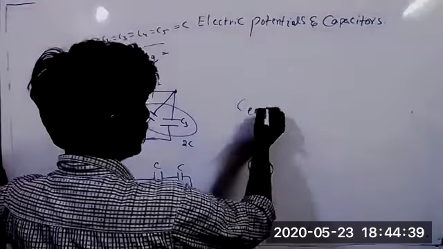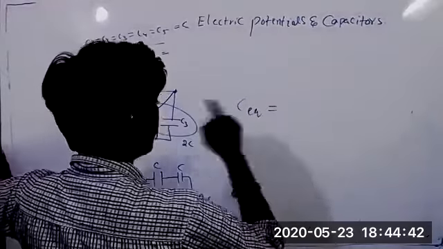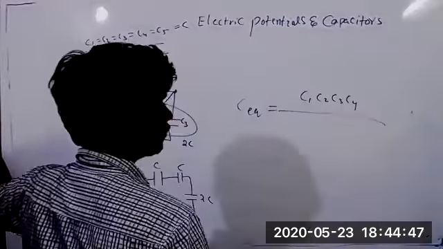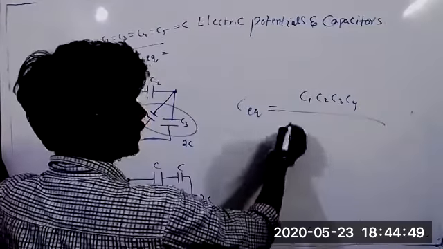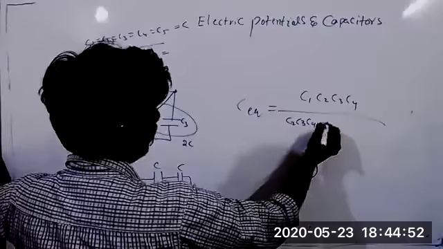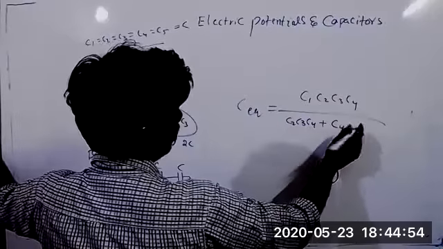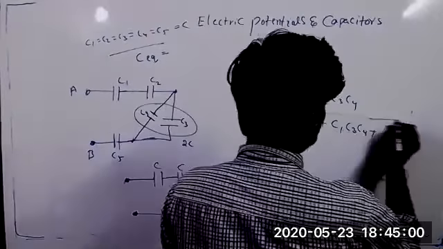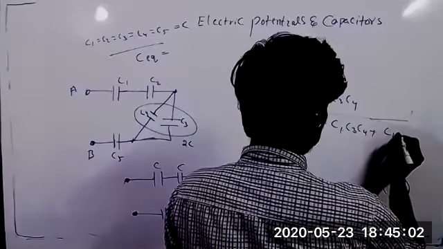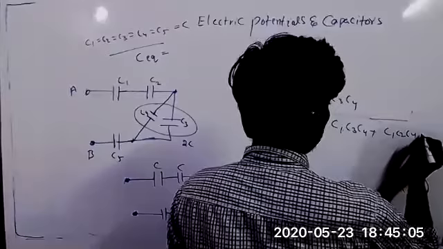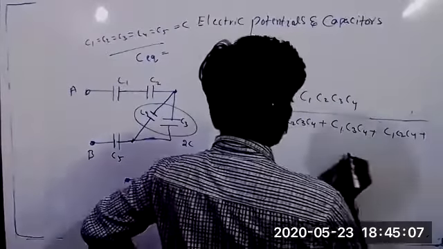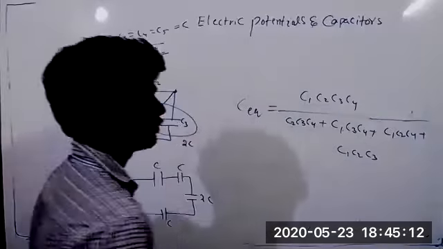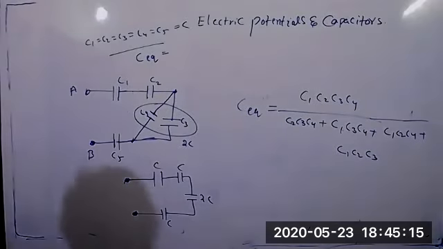What is the C equivalent for series? Tell me the formula for series. C1, C2, C3 and C4 by C2, C3, C4 plus C1, C3, C4 plus C1, C2, C4 plus C1, C2, C3. This is what you have to do to get that.